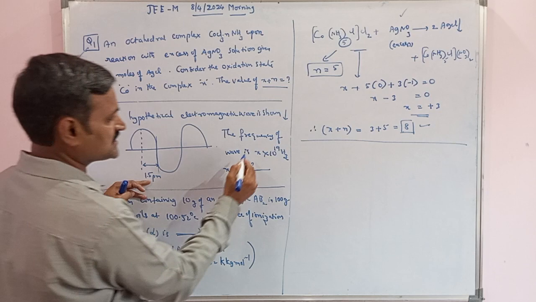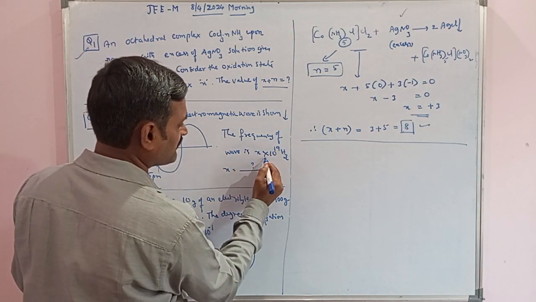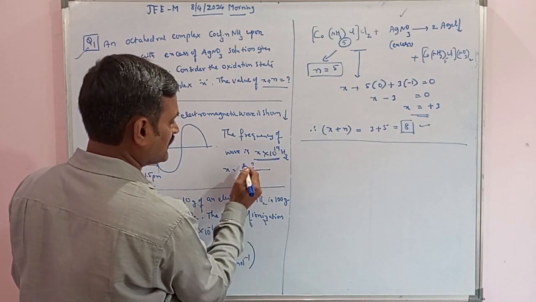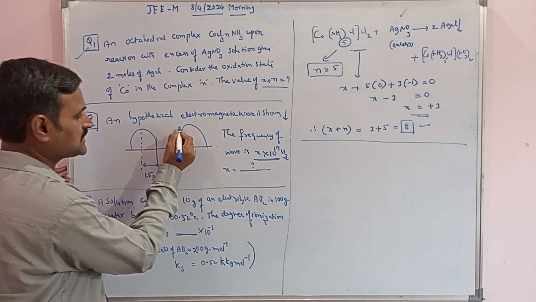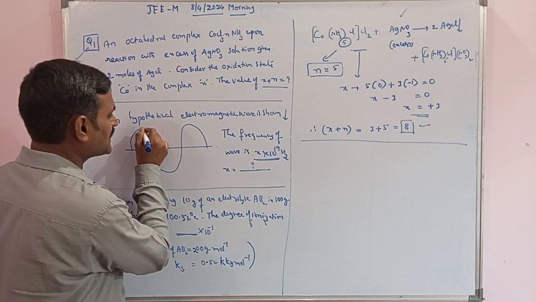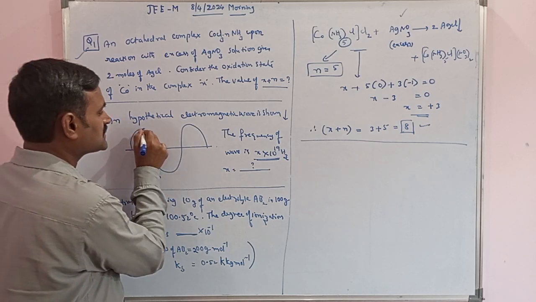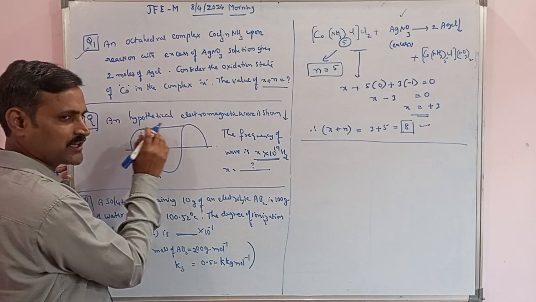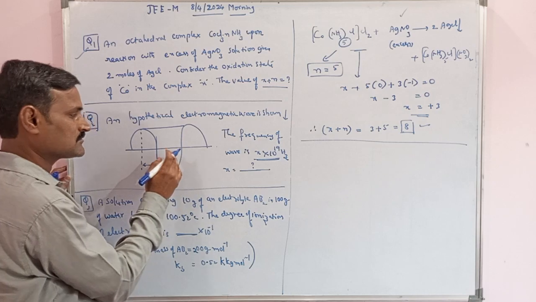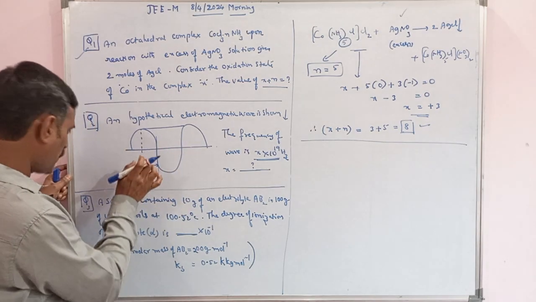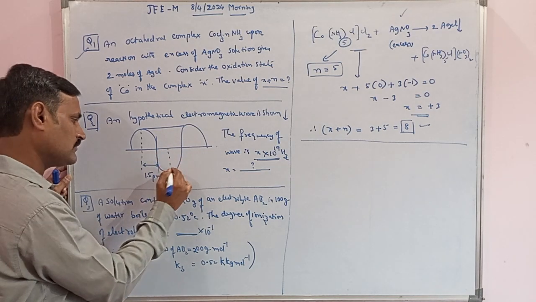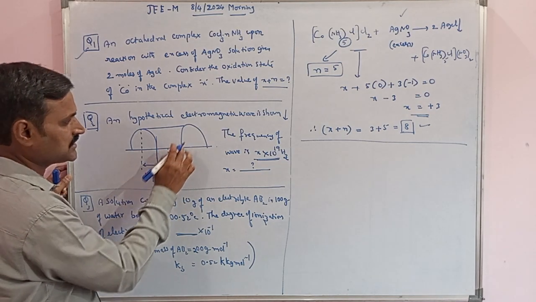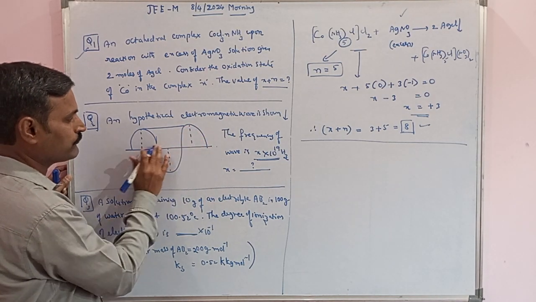Now the question is, the frequency of the wave is given as x into 10 power 19, then what is x? Before finding frequency, we should know the wavelength. Wavelength is the distance between two successive crests or troughs. This portion is 1.5, and in total there are 4 portions.